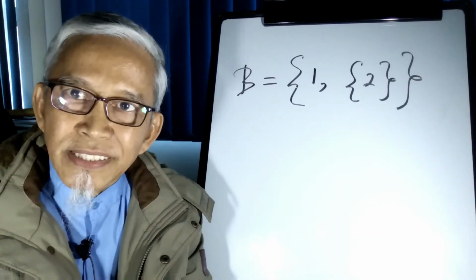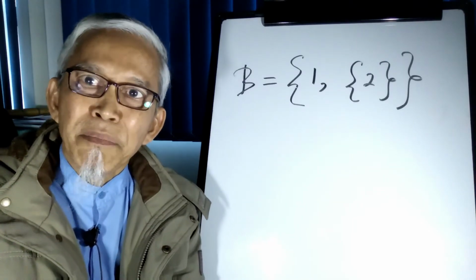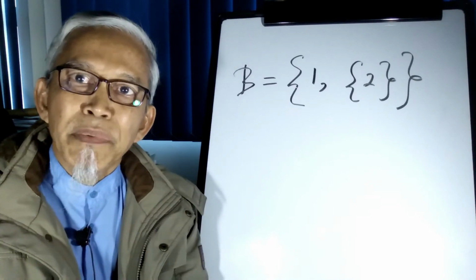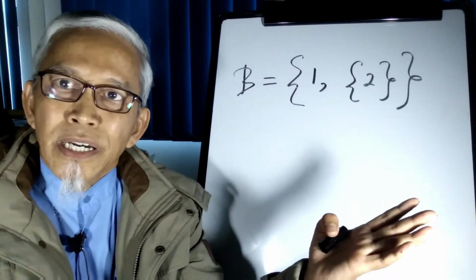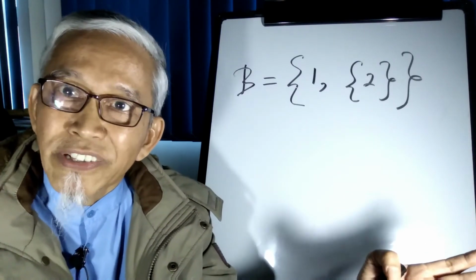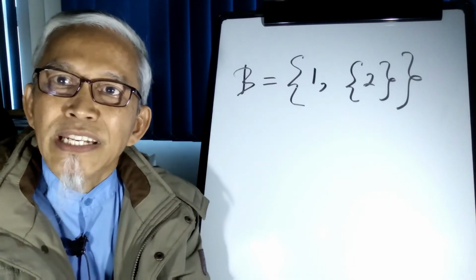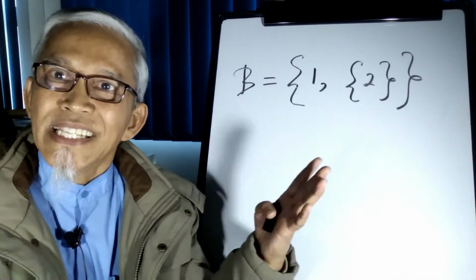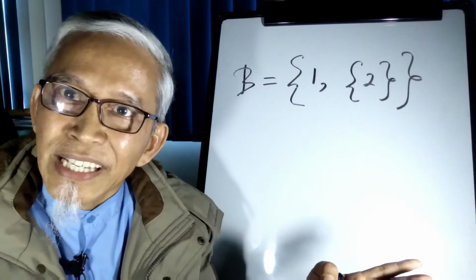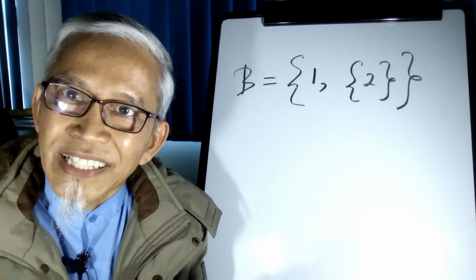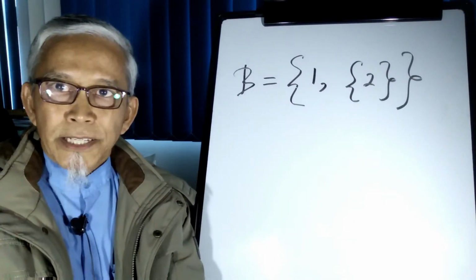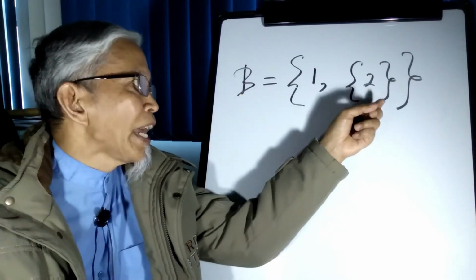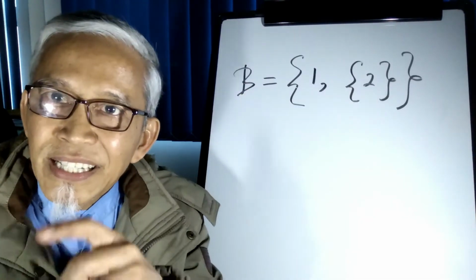It can be alphabets, numbers, the names of animals, the names of cars or whatever. The element of a set is open to anything. Now here, the element of a set is a set. Can we have something like that? The answer is of course yes. So this set B has one of its elements being a set.